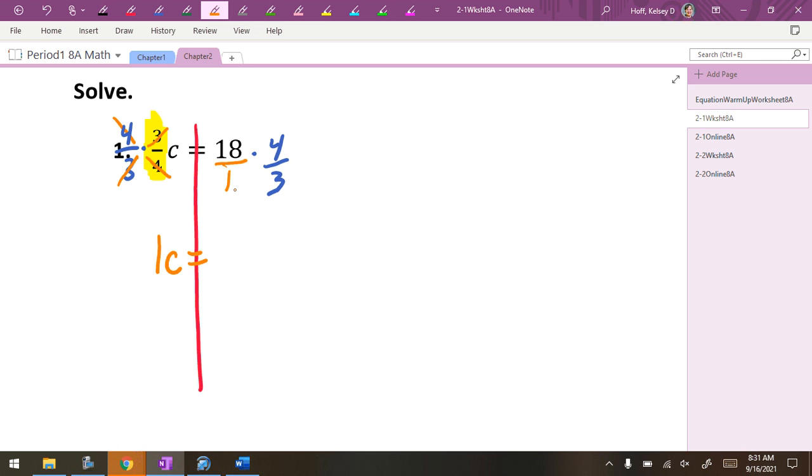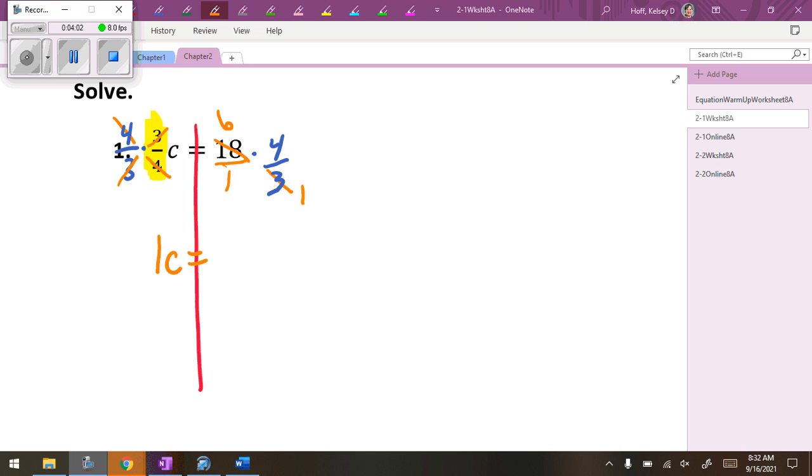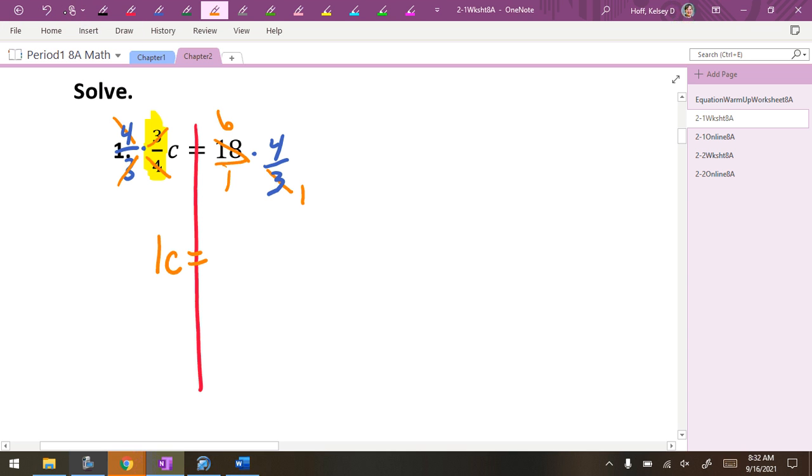And 3 goes in there how many times? 6 times, okay? And the nice thing is there's a 3 in the denominator. See that? So what we can do here is we can say, well, 3 goes into 3 one time, and 3 goes into 18, he just told me, 6 times. Okay, so now I'm going to Sarah. Now that we have simplified, we are going to multiply across. Nobody else say anything. Sarah's got this.